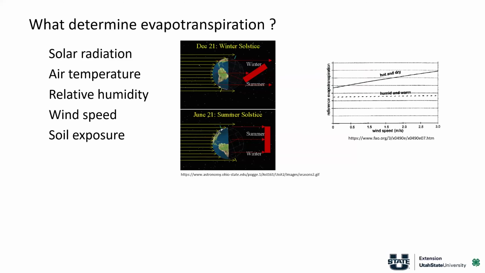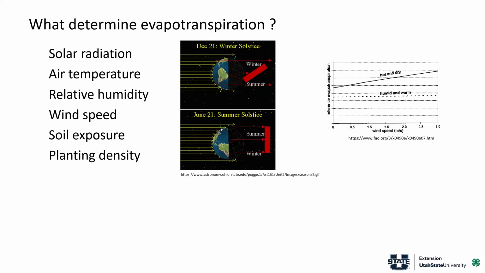Soil exposure. This is a complex thing. Sometimes the more soil exposure, the higher the evapotranspiration. But sometimes if there are more plants and less exposure, it might be high. It depends on the growing stage of the plant, what is in that soil versus exposed soil. So there is not a one directional relation between evapotranspiration and soil exposure. It depends.